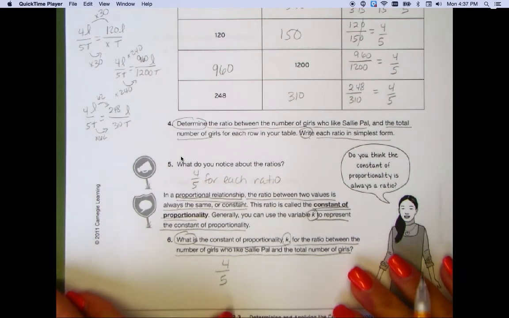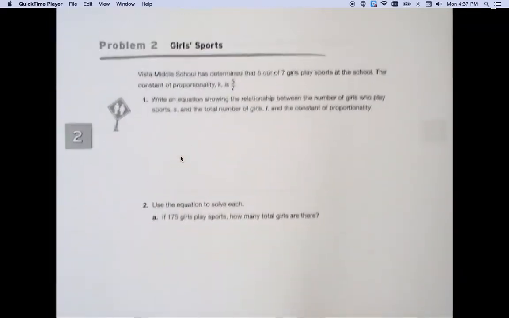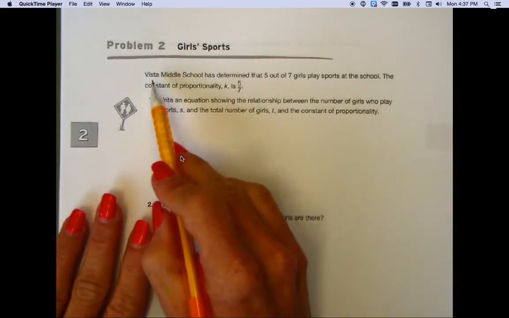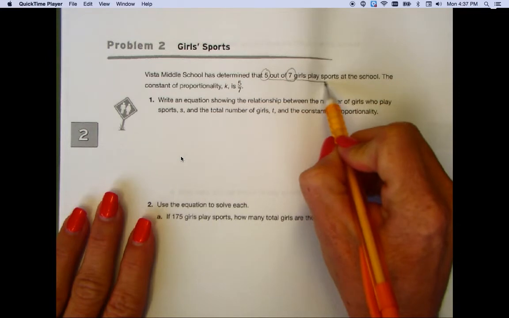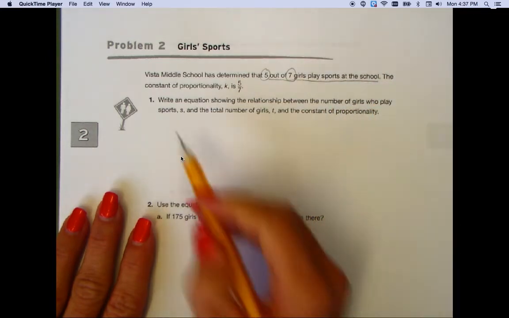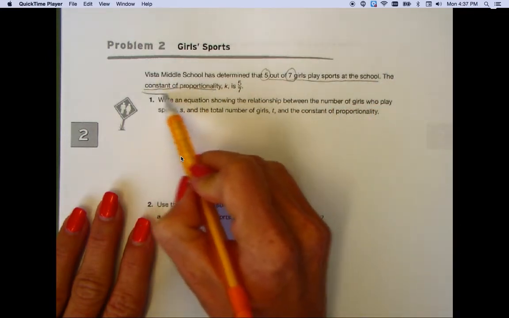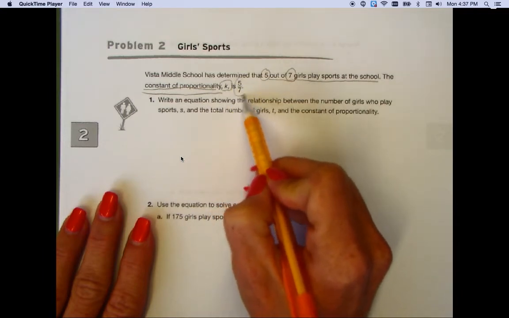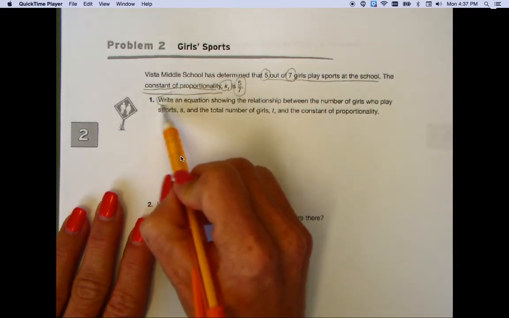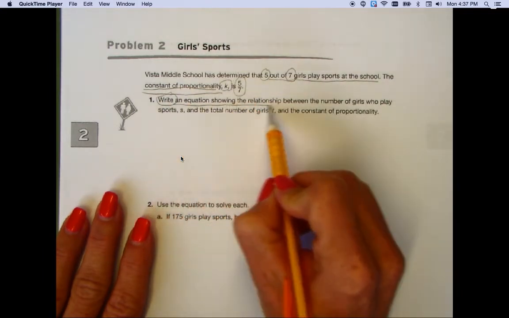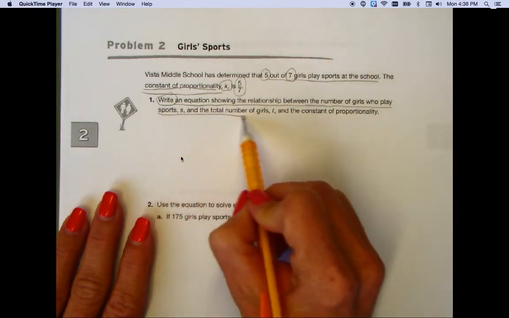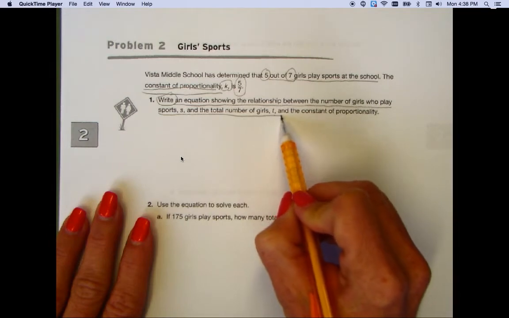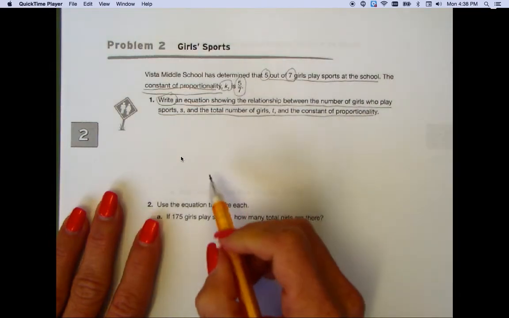Okay, moving on to problem 2. Vista Middle School has determined that 5 out of 7 girls play sports at the school. The constant of proportionality, which is k, is 5/7. They want me to write an equation showing the relationship between the number of girls who play sports and the number of girls and the constant of proportionality.